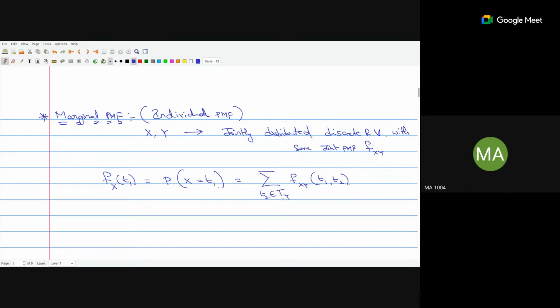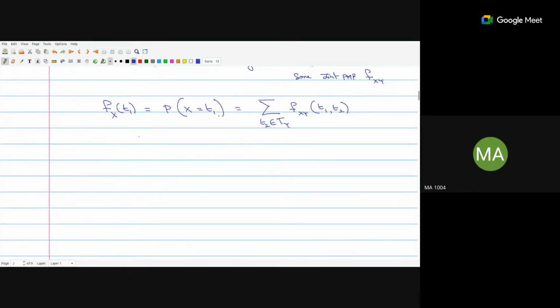So let me take that example again, I'm not filling in all the values. Let us say X takes values 0, 1, 2, 3, and Y takes values 0, 1, 2.